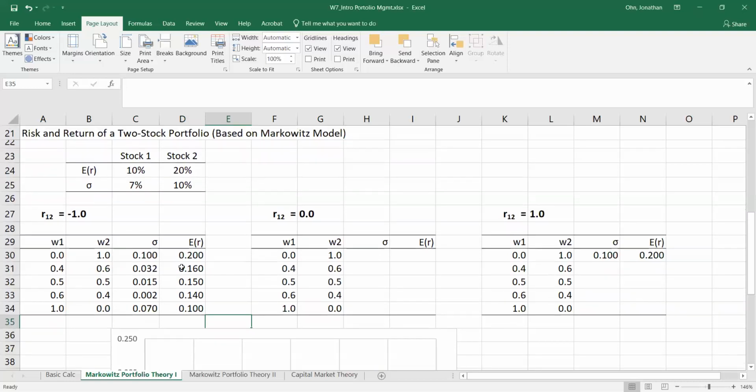That's what I did. So what we did was we just applied the Markowitz portfolio theory model to this case, including the correlation coefficient. Let's do the same thing.